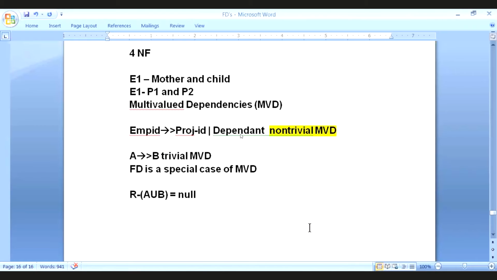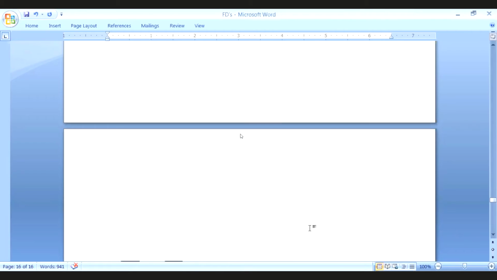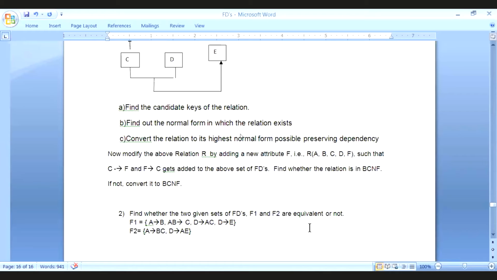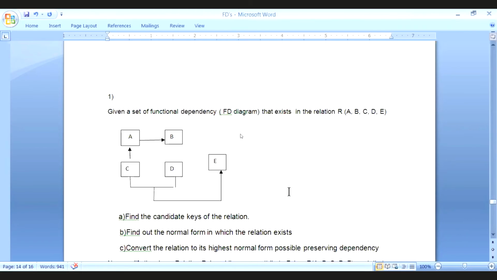Okay. Now, I will not tell you about 5NF today. First of all, 4NF should be clear in your mind. Now see, this is the FD diagram. So what are the things we have already studied? Let me just tell you once more.